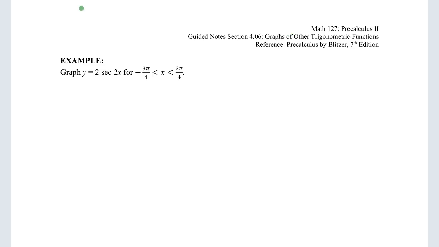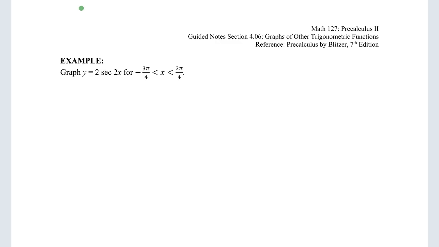So next example, graph y equals 2 secant 2x. We do have a given interval, so we are going to limit our graph within this interval. Like I mentioned, instead of drawing the secant from scratch, we are just going to graph the cosine as our guide.